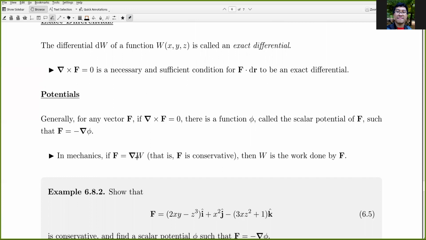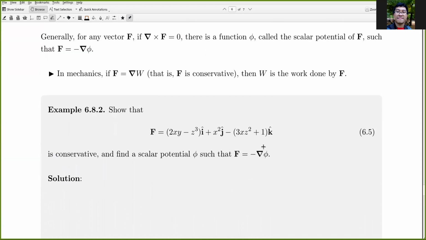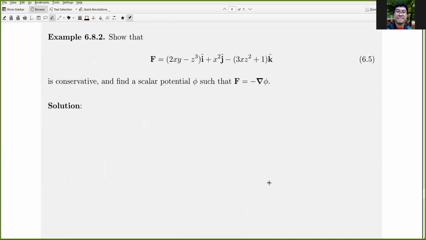In mechanics, if f equals del w, then w is the work done by f. So we can also relate f or w with the potential negative phi. Example: show that this is conservative and find a scalar potential phi such that f equals negative del phi.